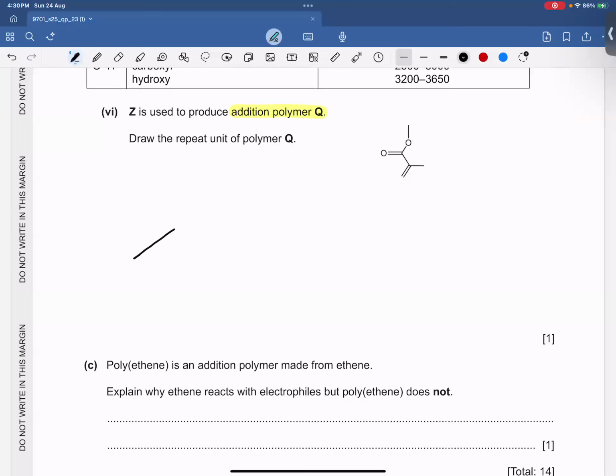This bond is shifted. This is C, this is CO, and this is CH3. Okay, this is the first unit. Second, this is a carbon atom.